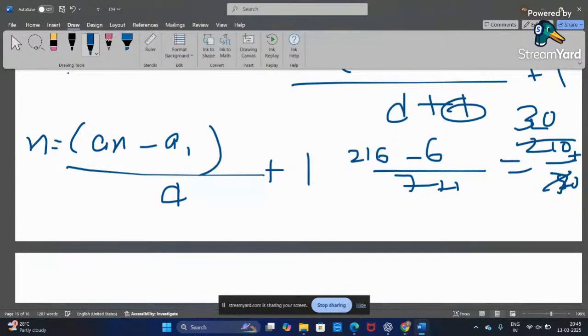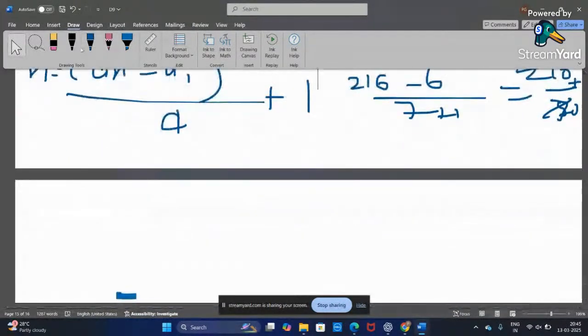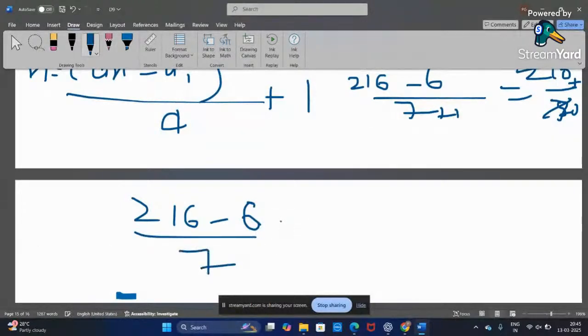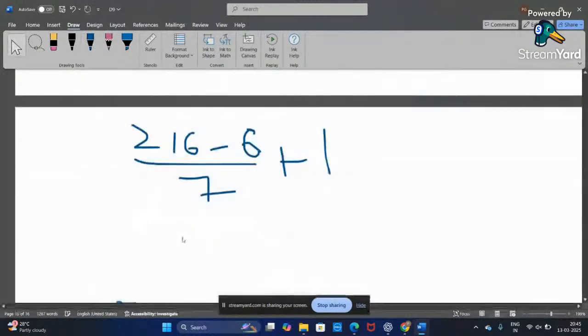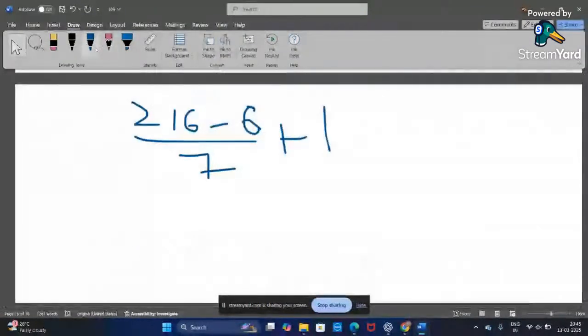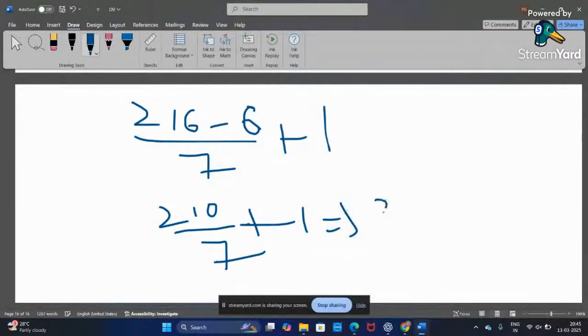This is the formula, okay? Your AN is 216 and A1 is 6, and D is 7 and plus 1 as it is. So next, it is 210 divided by 7 plus 1. It is 30 plus 1. It is 31. The n value is 31.